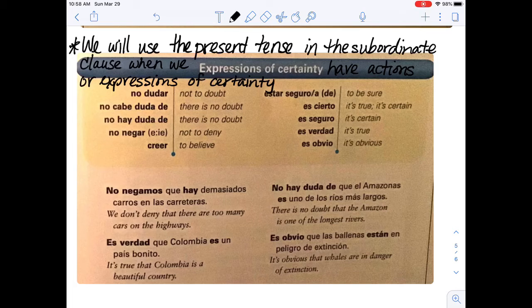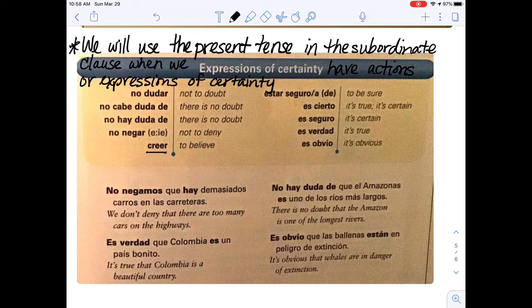So these, again, you have to memorize because they are just like vocab words. You've got to know what they mean so that when you see them, you recognize that we're using it with just the regular present tense, not the present subjunctive. So let's take a look at some examples. And again, here's the verb creer. Remember that to not believe is considered doubt, denial, or disbelief, but to believe is considered certainty.